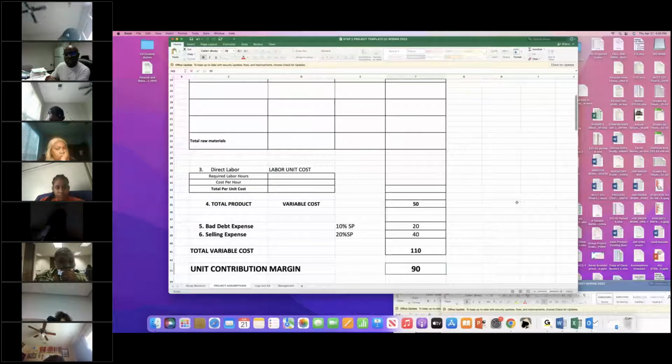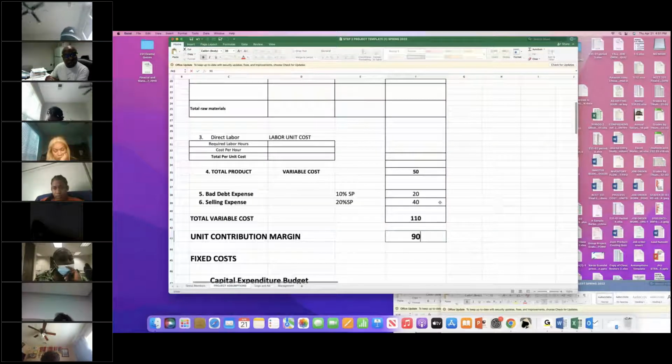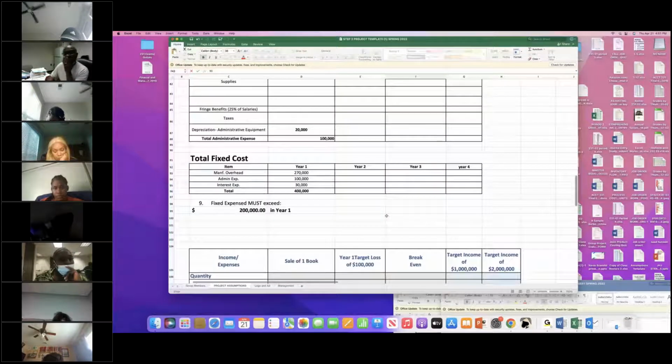So this is what you're going to be doing with your project. Selling price, that's all your variable costs, gives us a unit contribution margin. Then you're going to get all your fixed costs together as we did here. And then the next thing you're going to do is fill out this chart here.